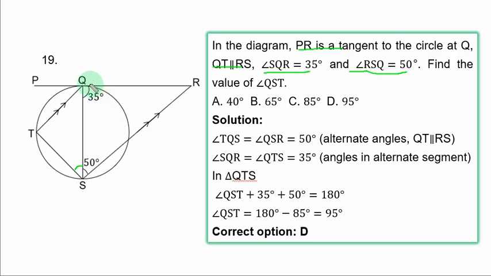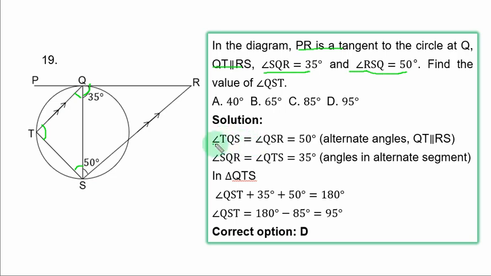Now you can relate this angle to this angle in the same segment, angles in alternate segment, and because this line and this line, they are parallel, this angle 50 is equal to this angle, alternate angles, because QT is parallel to RS. So we have triangle QTS, we can get angle QST from there.